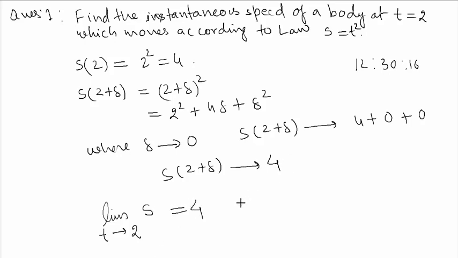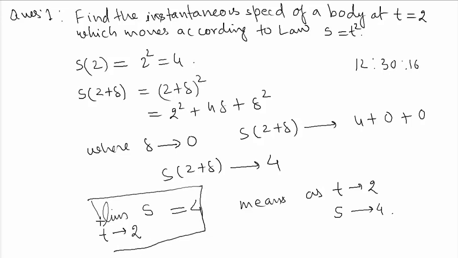This means as time t approaches 2, speed approaches 4. This is the way of representing the instantaneous speed at t equal to 2. So this is the representation of limit. So we need to have the exact meaning of any limit.